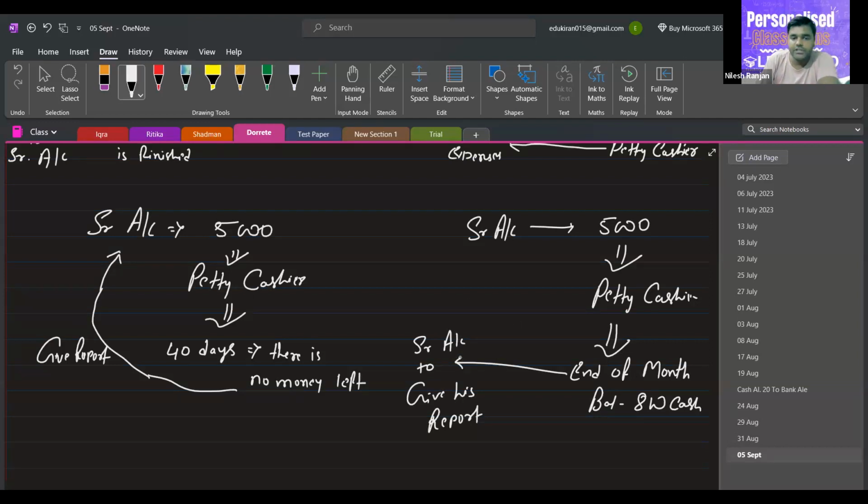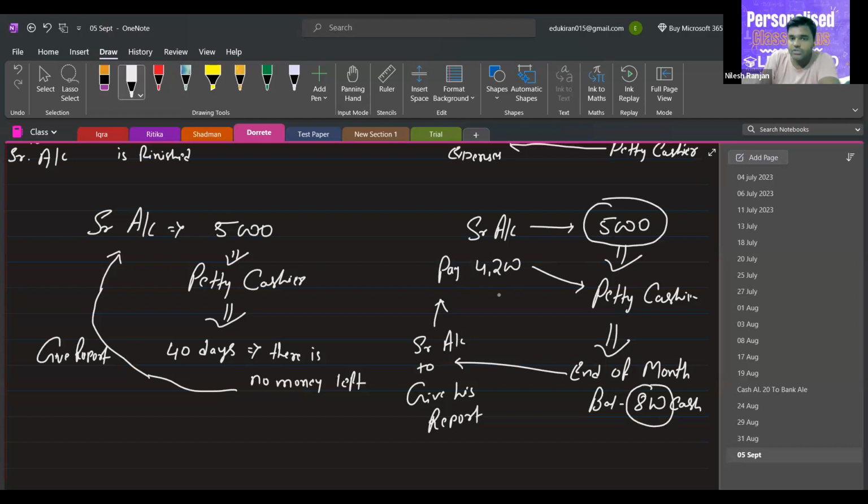and the senior accountant will study his report and pay 4,200 to the petty cashier. Why 4,200? Because it needs to be 5,000. I told you the amount is fixed, so the total amount was 5,000 and he has a balance of 800.